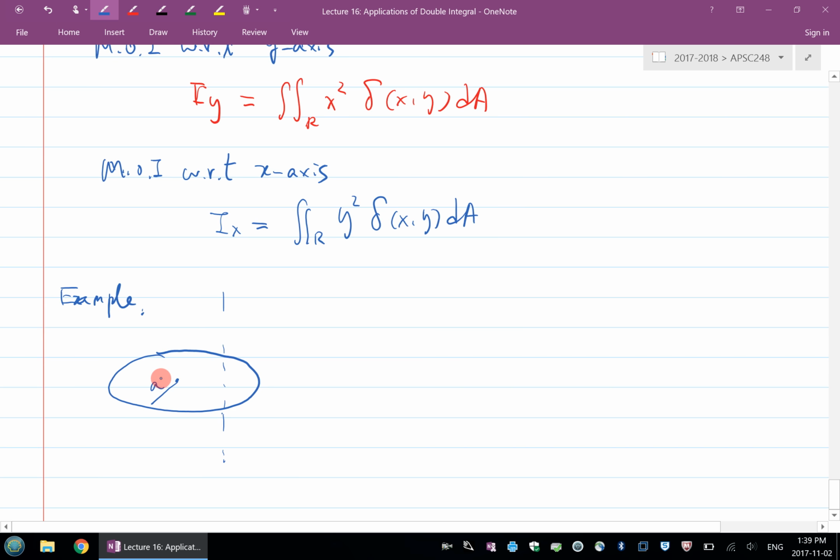Suppose that we have a very thin circular disk with a radius of a. This disk will spin about an axis illustrated here, with angular speed omega.